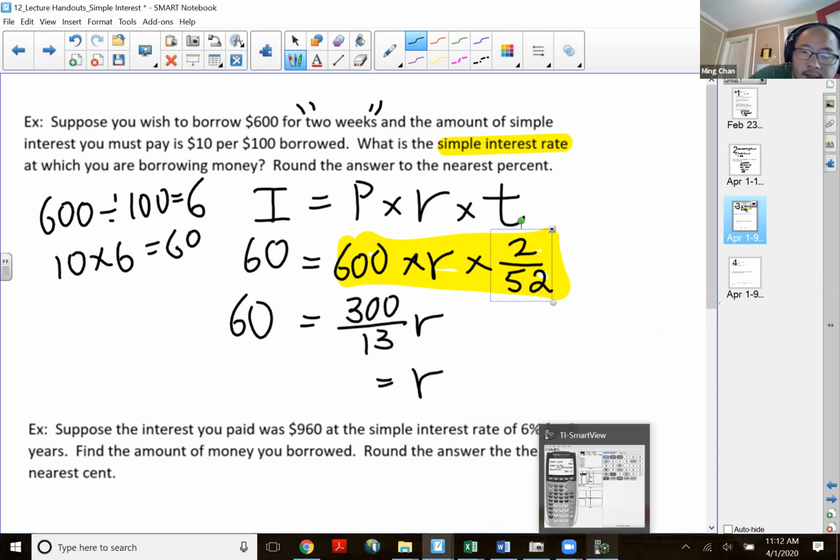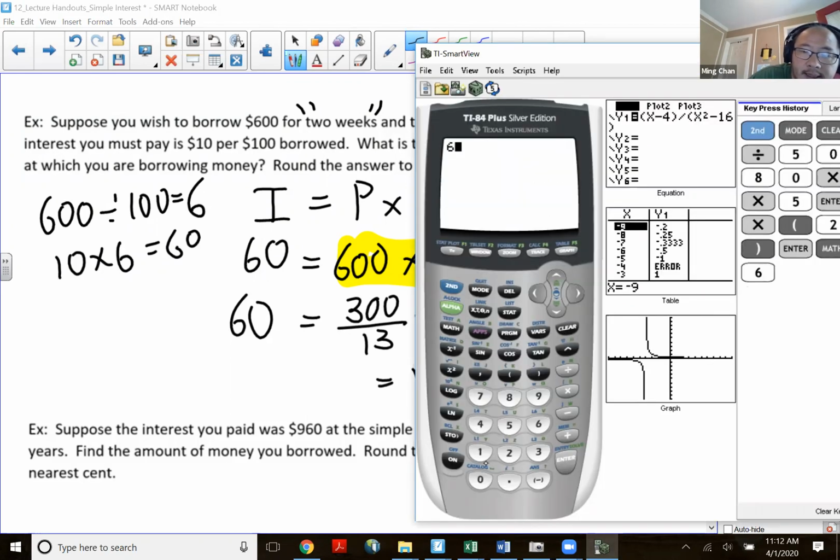So in the calculator, I have to key in 60 first, then divided by a parenthesis, because whenever I'm entering a fraction, I always have to use a parenthesis. So that will be 300 divided by 13 in the parenthesis. What the calculator will end up doing is 300 divided by 13 first before it gets divided into 60.